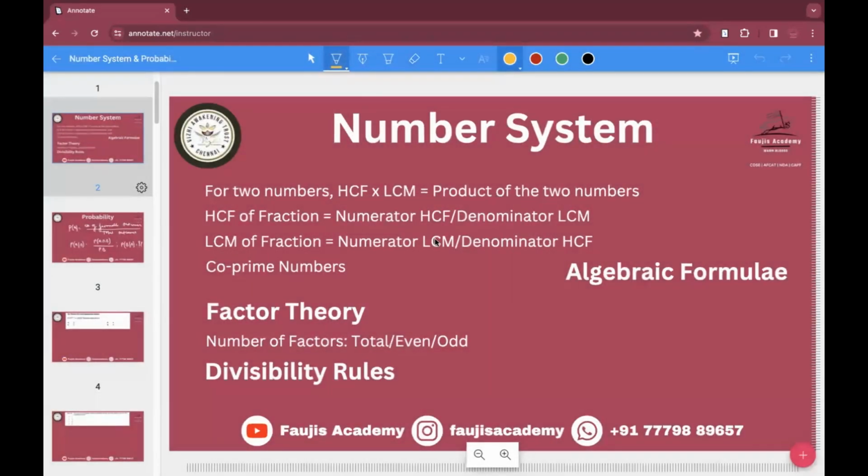Tell me one number, one fairly good number. Shall we work with 58? How can we write 58? 2 into 29. 29 itself is a prime number. So how many factors are there?